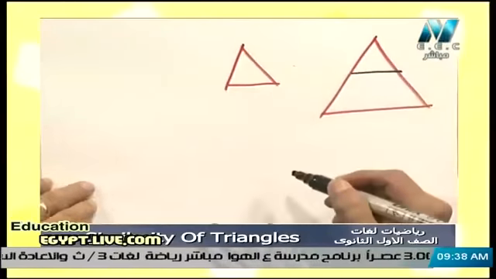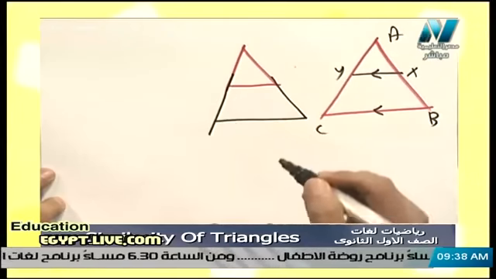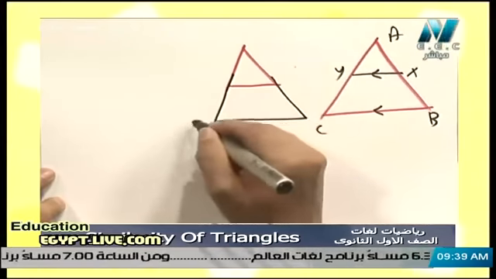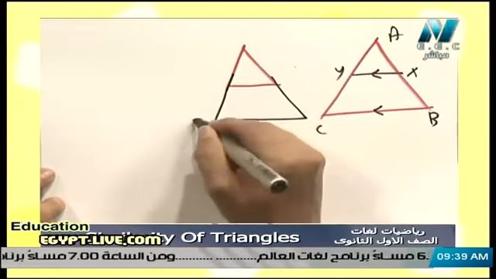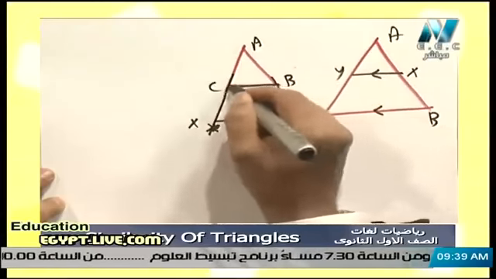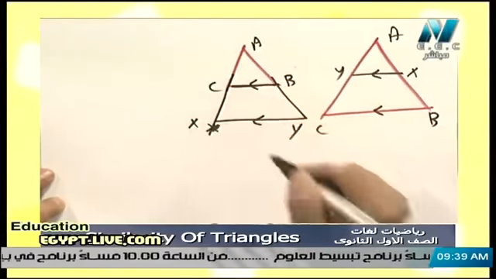Also here we have an expansion of the triangle, and we have XY, and we have A, B, C. It's the original triangle here, and we have BC parallel to XY.